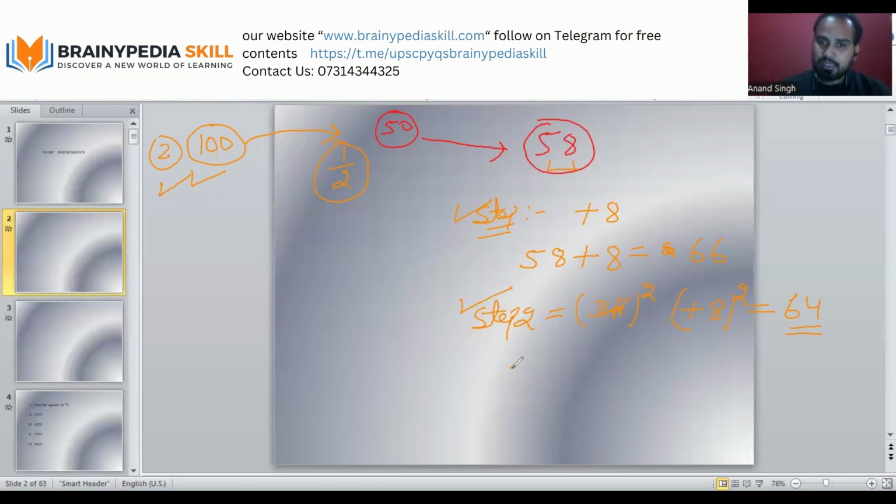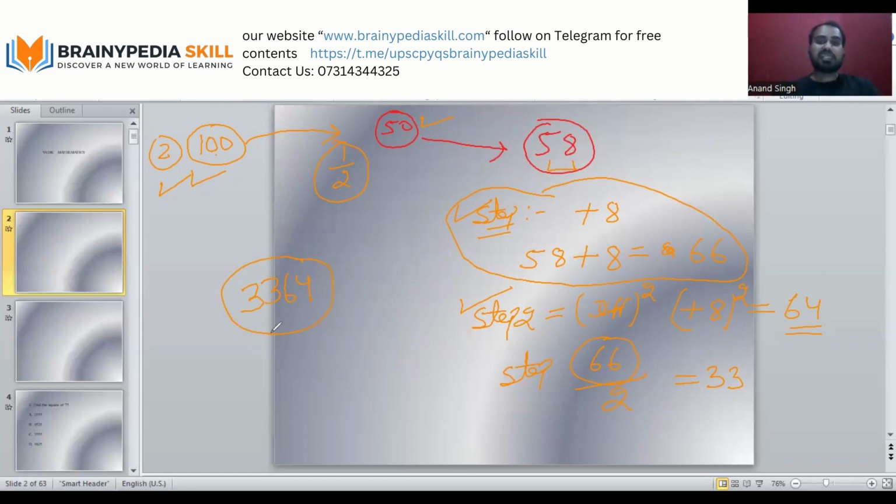The only step in this type of question is, in step number first, you have to add 66 to the half of the number. Why half of the number? Because we are taking the base as 50, not 100. So the number is going to be 33, and what will be the square of 58? So you directly say 33, 64 is the square of 58, right?